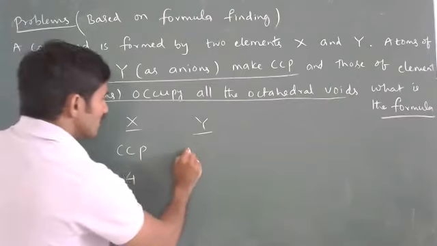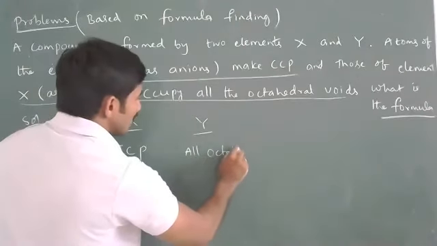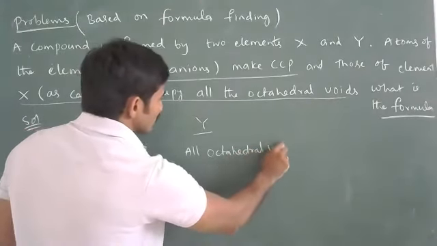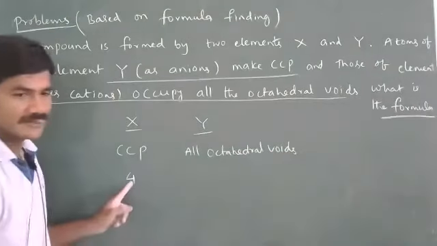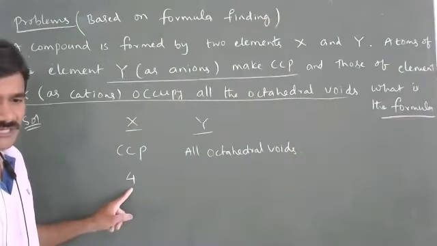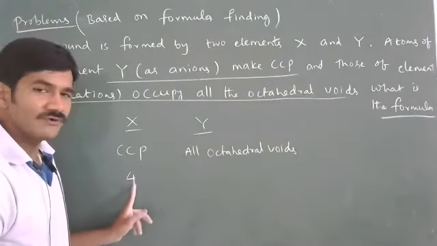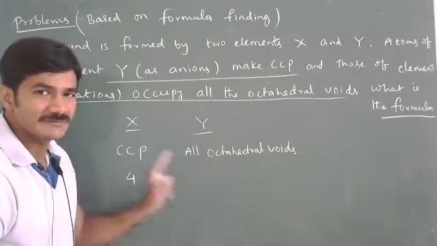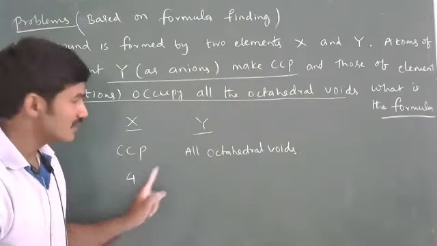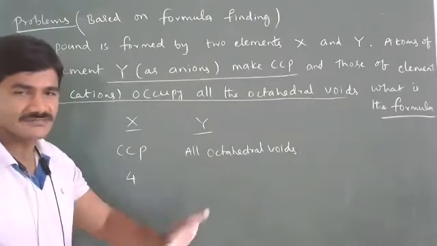Next, those of element X occupy all octahedral voids. If for CCP the number of atoms is 4, for 4 atoms how many octahedral voids will be there? Just now I told the formula.